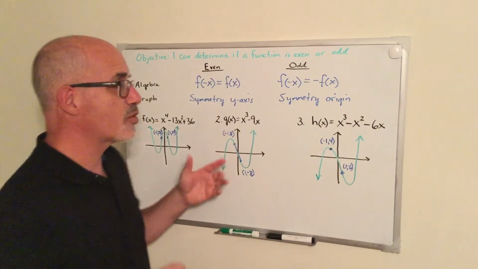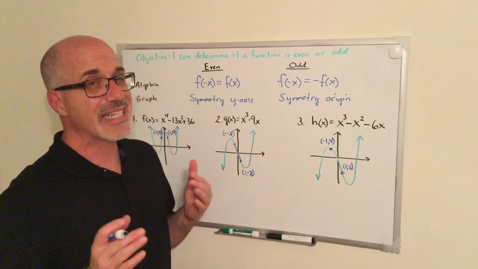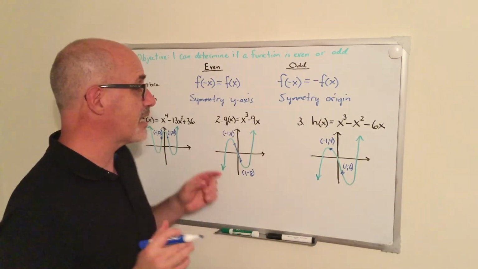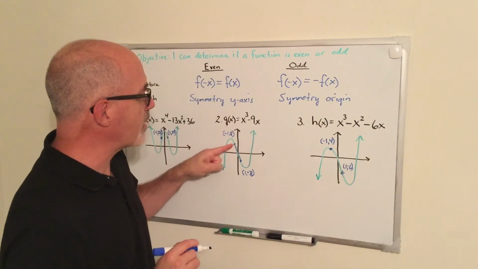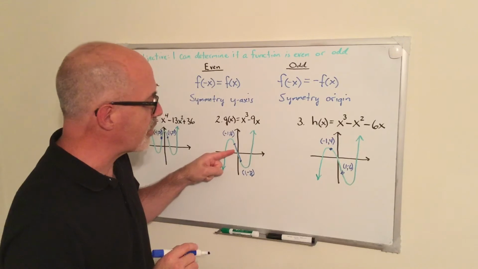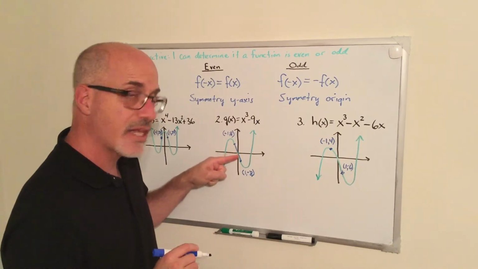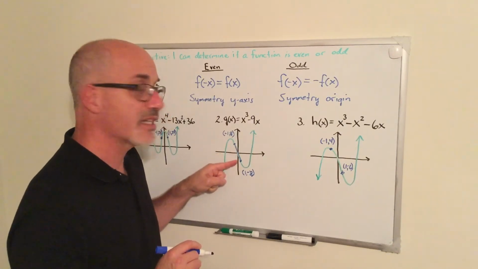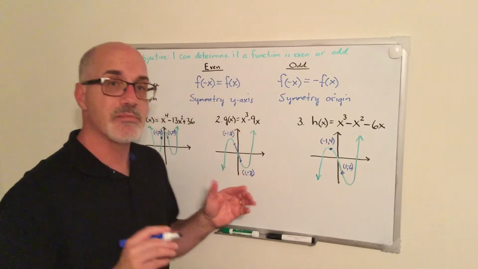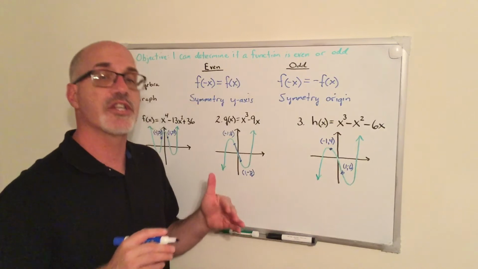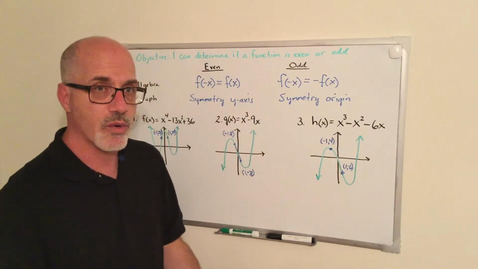That's what symmetry over the origin means. It's kind of like slope. If you do rise over run, you go down this much and over this much to get to the origin. If you go down that much and over the same amount, just like you do a slope, to get to its mirror image point over the origin, then it's symmetric over the origin.